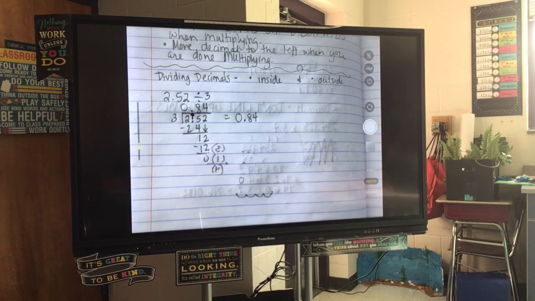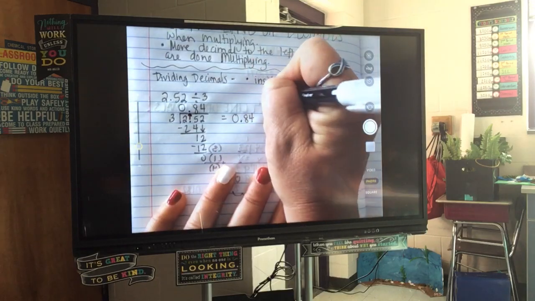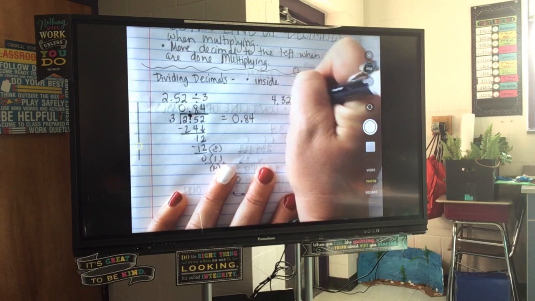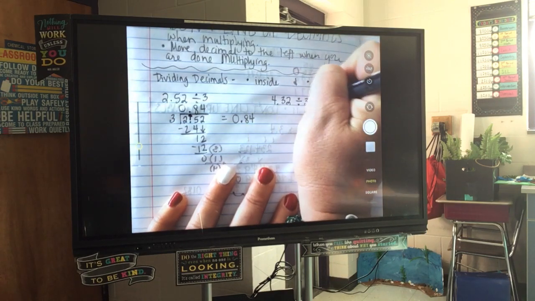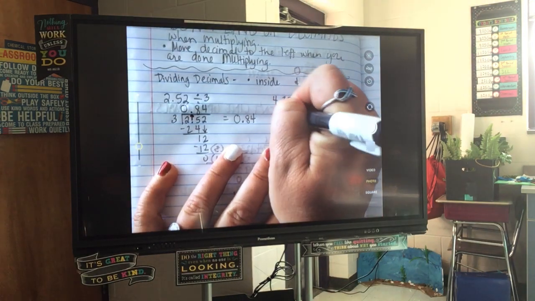The other type of dividing decimals we have is when we have one on the outside as well as the inside. So 4 and 32 hundredths divided by 3 and 6 tenths. Again, can we do our division like this? No. Alright, which number goes inside my division house?